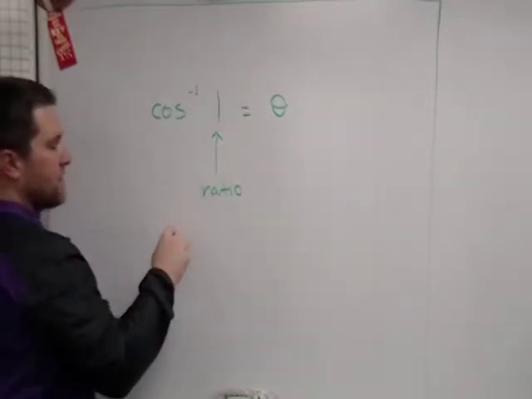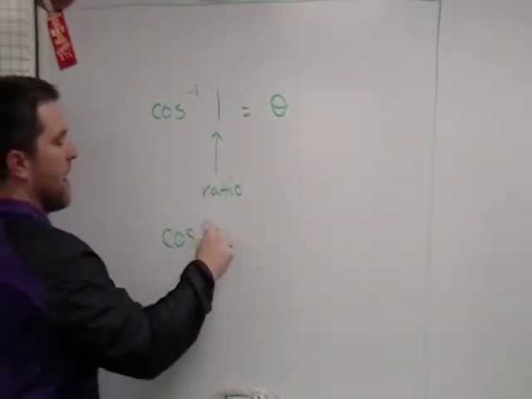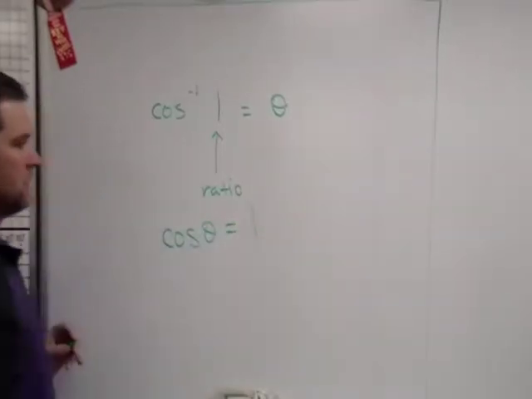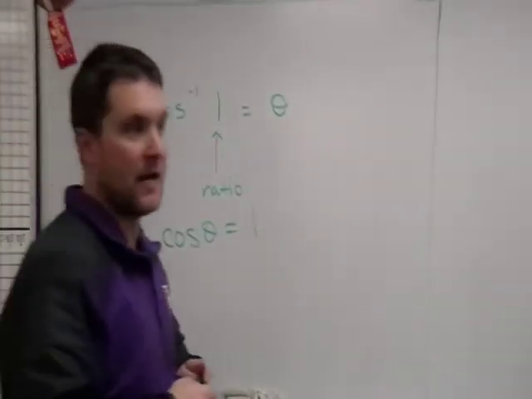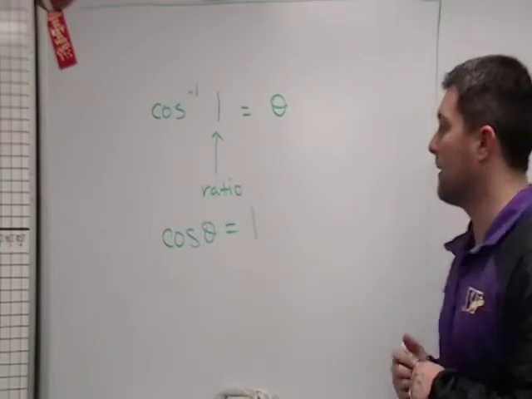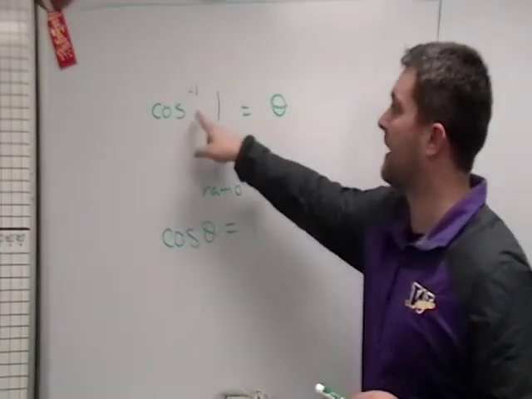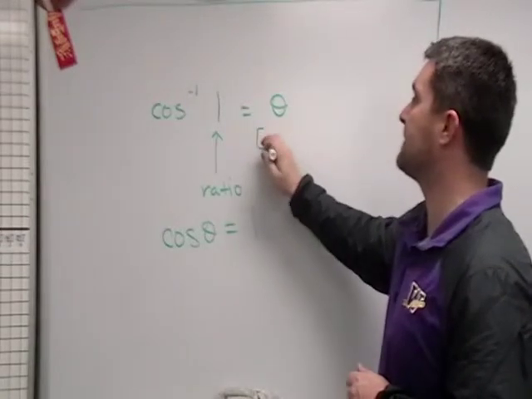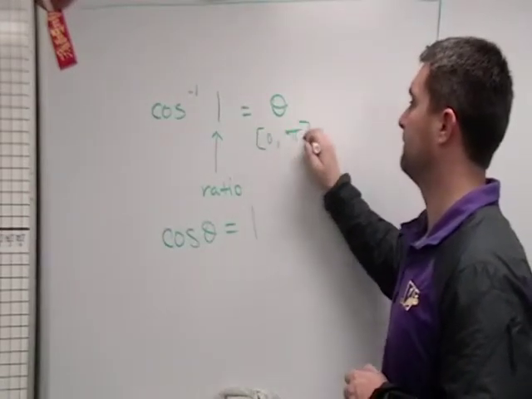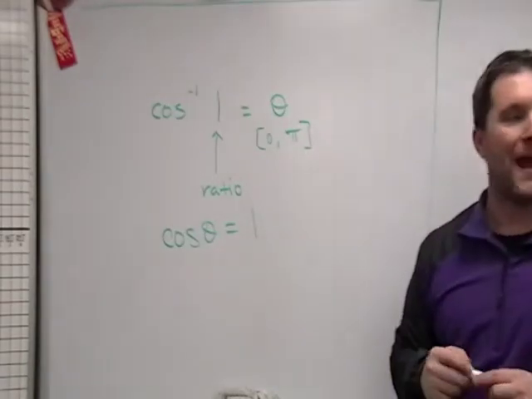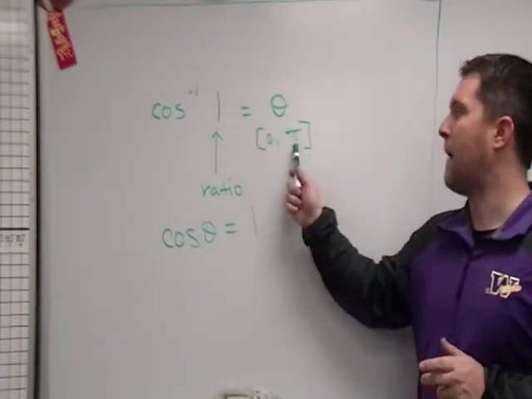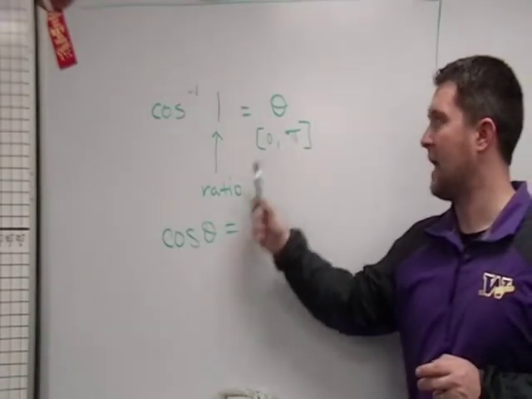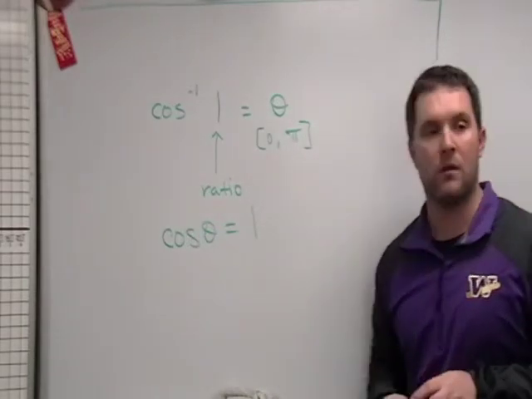So what this means is cosine of some theta equals 1. Well, there's a lot of times that cosine equals 1. But if you remember, the range of this theta for inverse cosine has to be between 0 and pi. So what radian measure between 0 and pi does cosine of that angle equal 1?